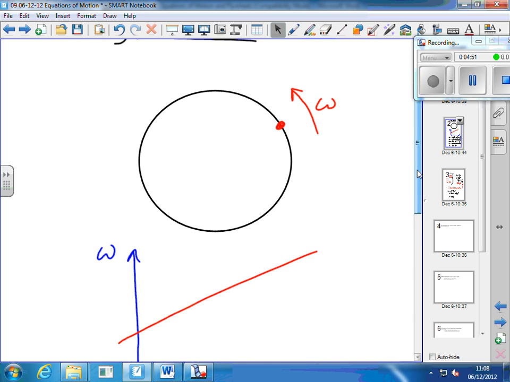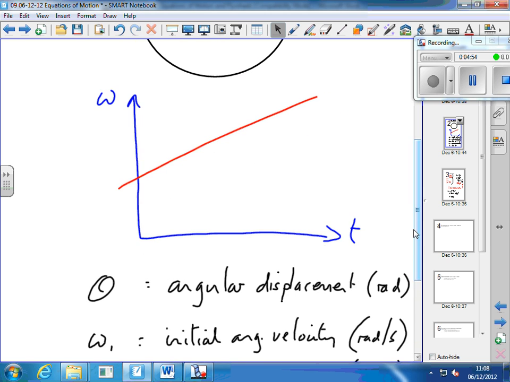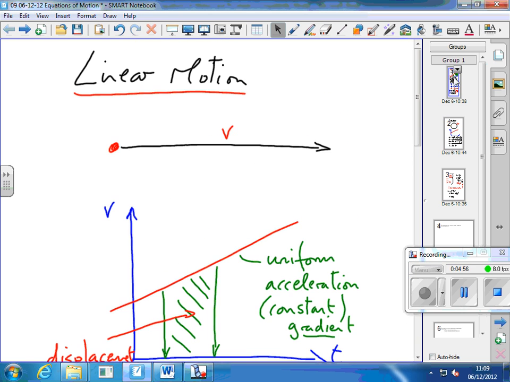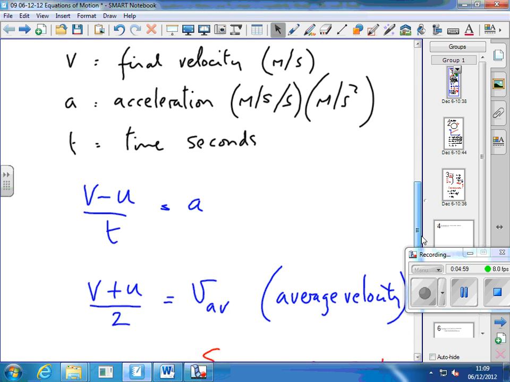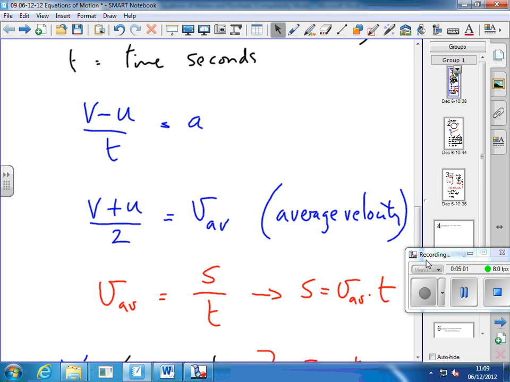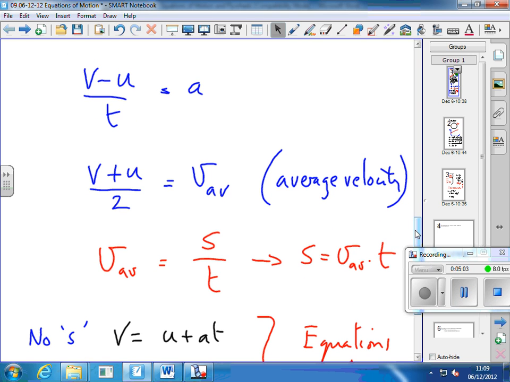If we look back to here, this one here is a formula we could use, look. Can we find the average velocity? Yes, it's u plus v over 2, isn't it? So find the average velocity and then use this formula because the average velocity gives displacement over time.